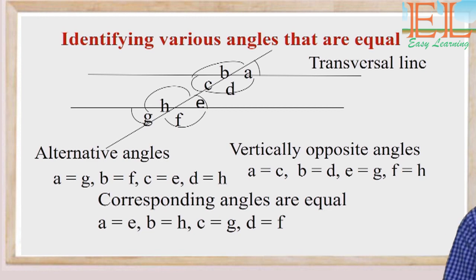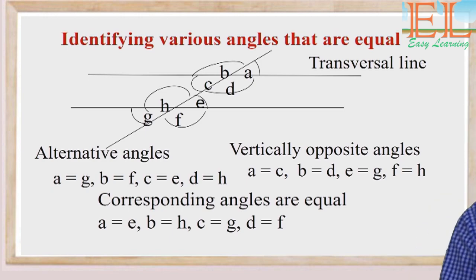So if we look at where angle A is and that of E, their position is similar, but on two different parallel lines. So we can say that angle A is equal to E because they are corresponding angles. Angle B is equal to H, C is equal to G, and D is equal to F.